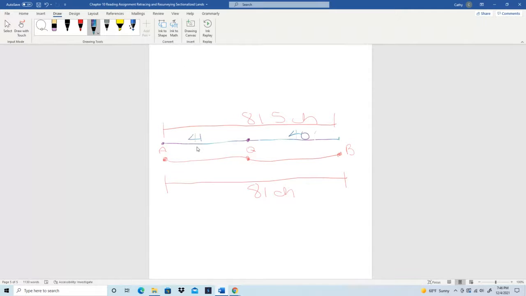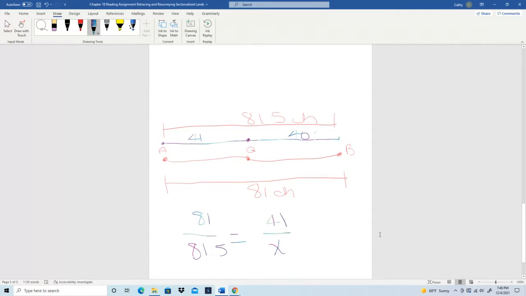So we can set it up as a ratio either way. I can do 80 to 81.5, 41 to X, or I could do X to 40. Either way, it's going to work out.